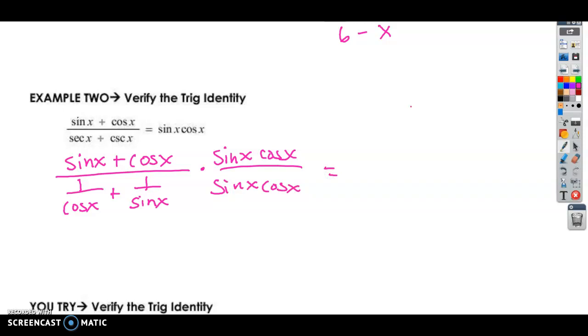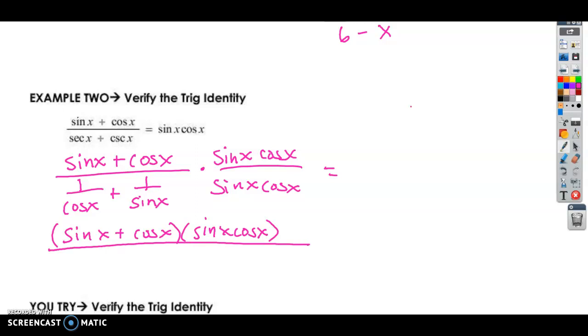Now what happens when I do that is my numerator becomes sine of x plus cosine of x times sine of x cosine of x. Those are different, right? One's got a plus in between, one's being multiplied.